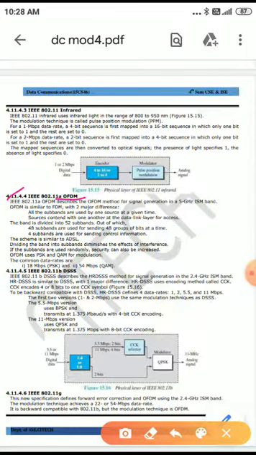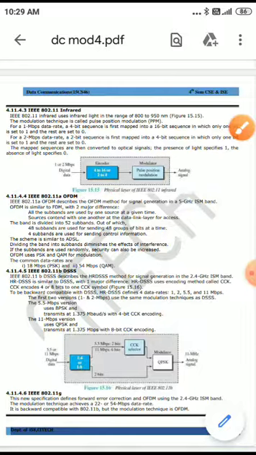IEEE 802.11a describes the OFDM method for signal generation in the 5 gigahertz ISM band, which means we are going to generate the signal using OFDM in the 5 gigahertz ISM band.